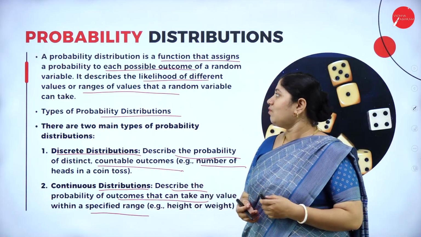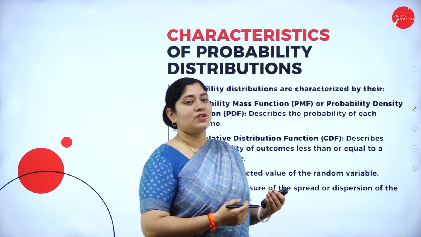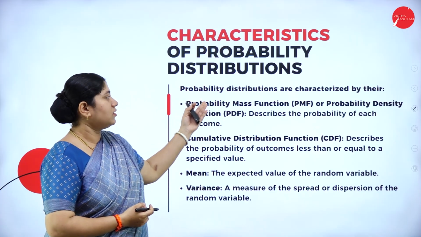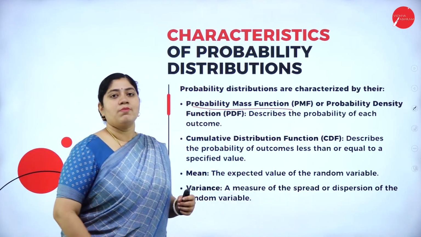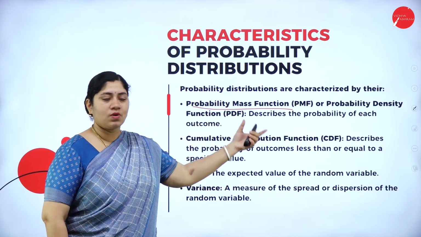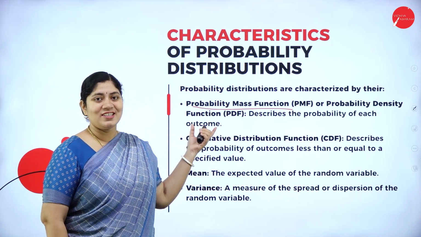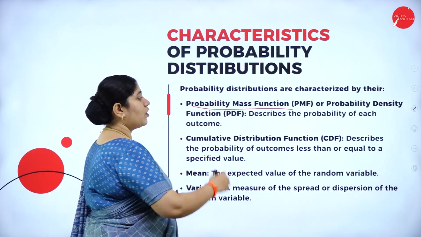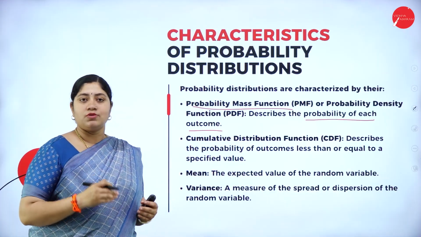Now let's move forward and see the different characteristics of a probability distribution. The first is the probability mass function or PMF, which is also called probability density function, PDF. It describes the probability of each outcome.